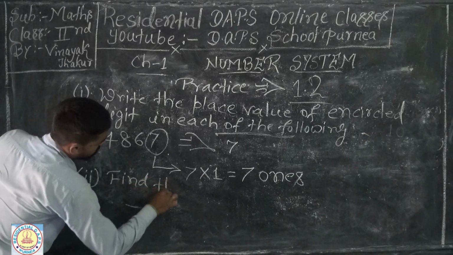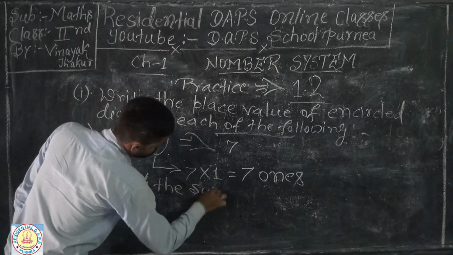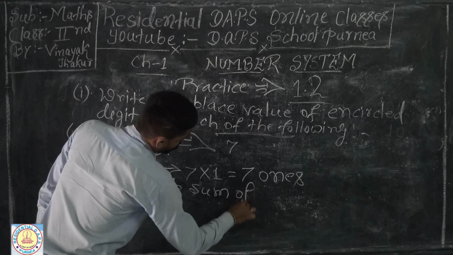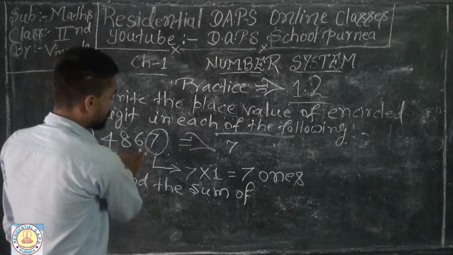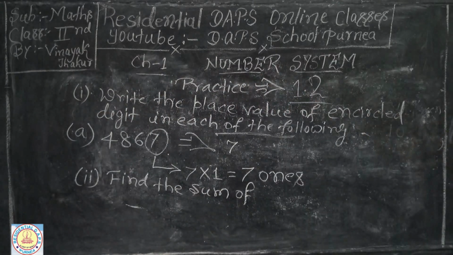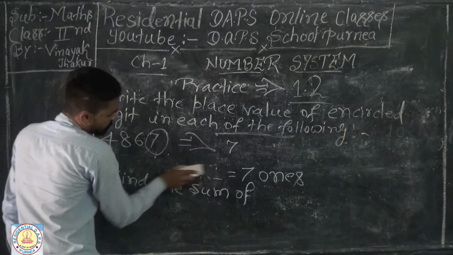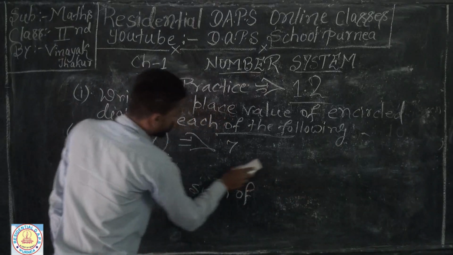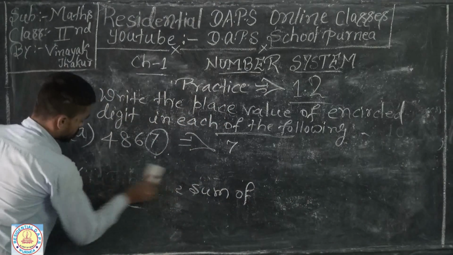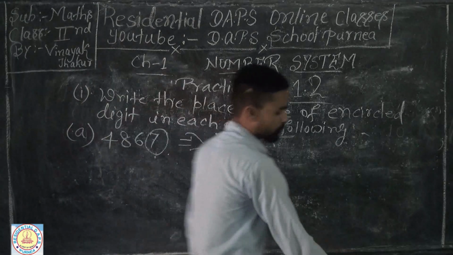Find the sum of place values of encircled digits in each of the following. So guys, in that question your answer is 7. So I'm going to solve your second question.